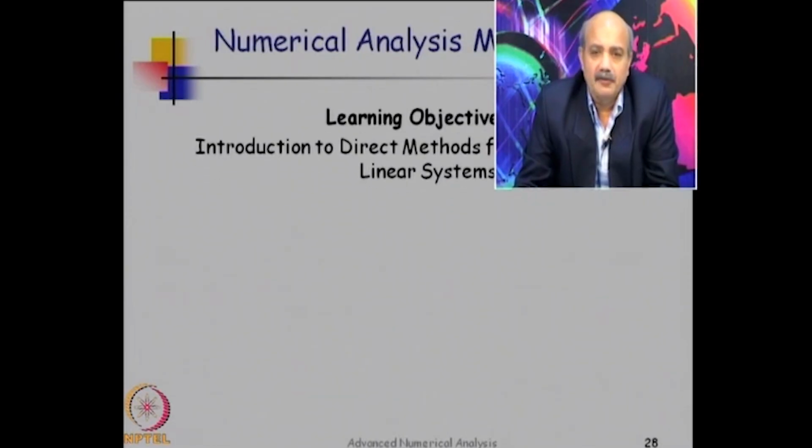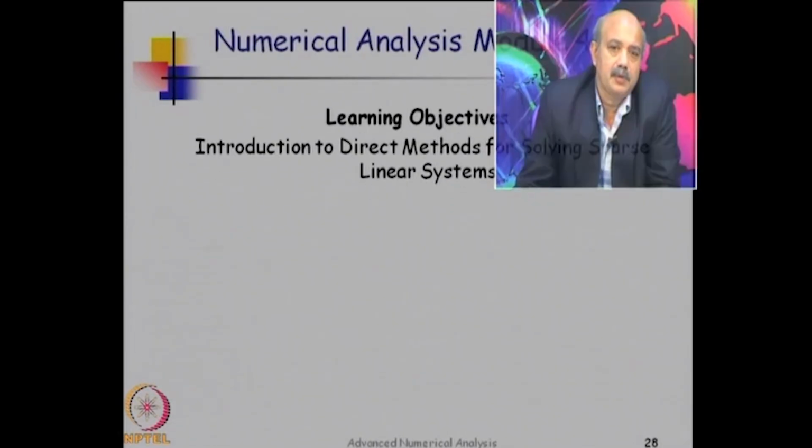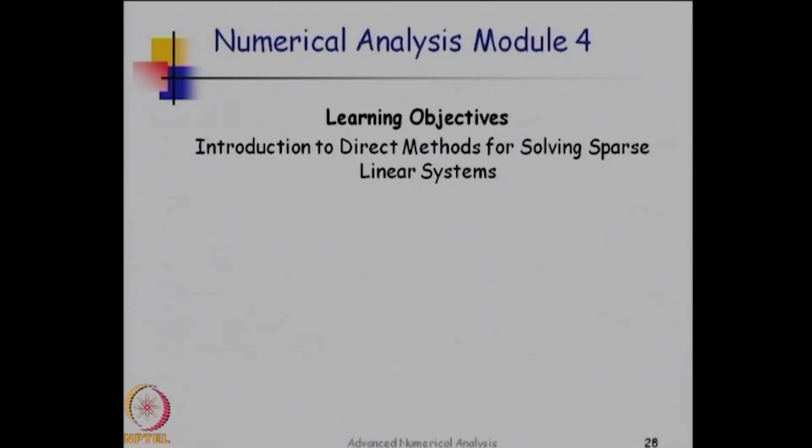So the main focus in this part is going to be introduction to the iterative methods, but before that we will look at some special methods for solving linear algebraic equations, and these are going to be called methods for sparse linear systems. So many problems have very nice structure. Sparse systems are ones in which a lot of elements are zeros, and there are only a few non-zero elements in a big matrix.